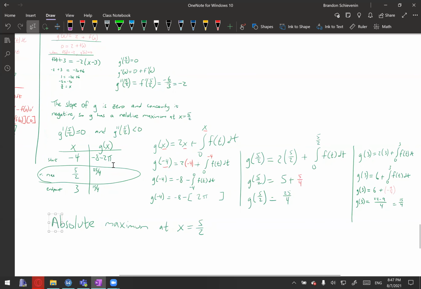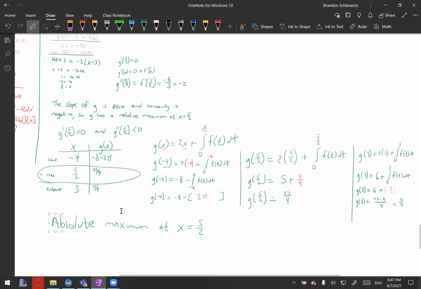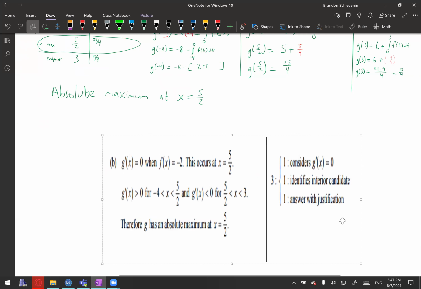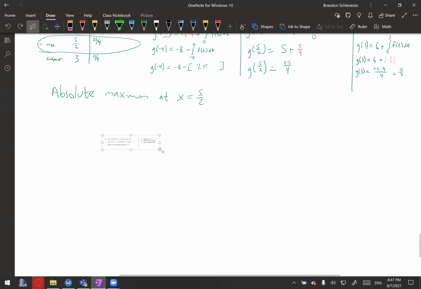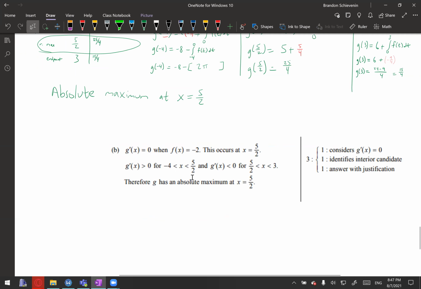Question. Go for it. So do we have to do all of this to justify our answer? For this problem, I'll flash the scoring guide really quick. Okay, this is all you would need to get full credit.